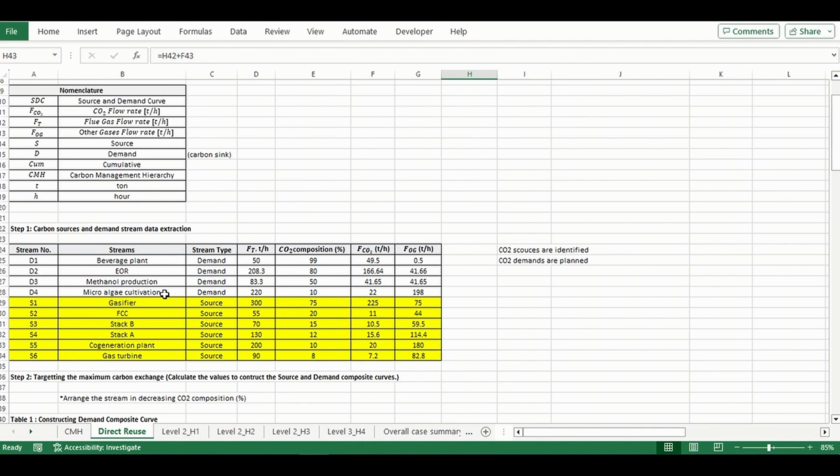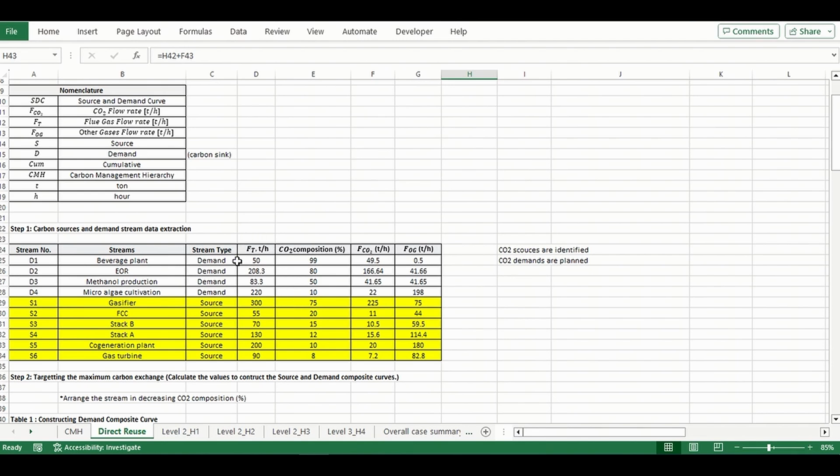The source streams are gasifier, FCC, stack B, stack A, cogeneration plant, and gas turbine. We then classified the stream data type, followed by the flow rate of the gases and CO2 compositions, also identified from the review paper.